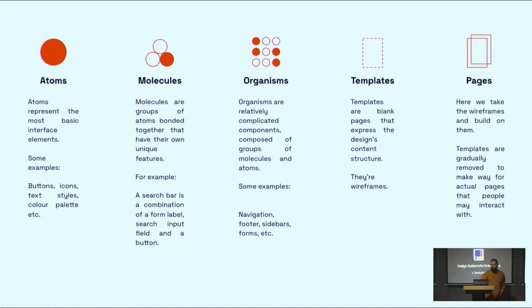So, atoms are like the buttons, icons, text, color palettes, etc. And even before atoms, as you know, atoms are built up of smaller particles like protons, electrons. Those are the design tokens we use, like colors, shapes, and iconography, and those, as I said, are connected when we are building a design guideline.